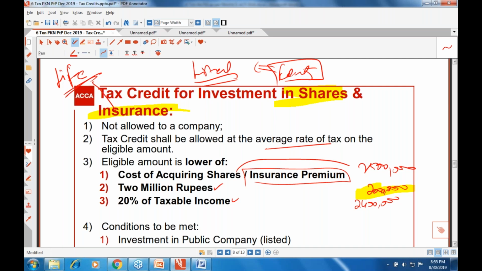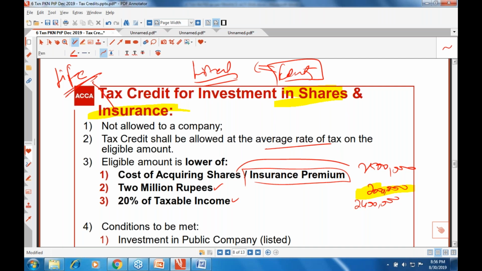Should I claim the tax credit on this life insurance, or on the investment in shares? It depends upon whichever eligible amount is higher. For example, I may have invested only 600,000 in shares, but paid 1.5 million in life insurance premium. So obviously I would take the life insurance premium, 1.5 million, as the base.